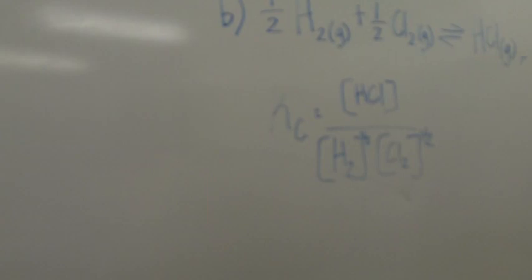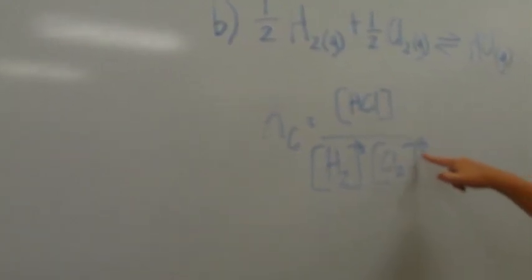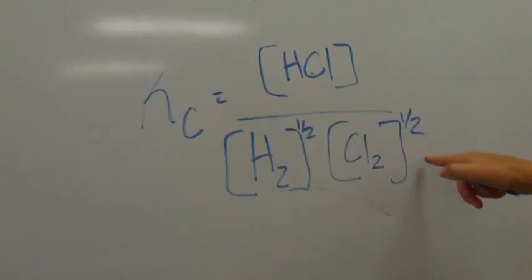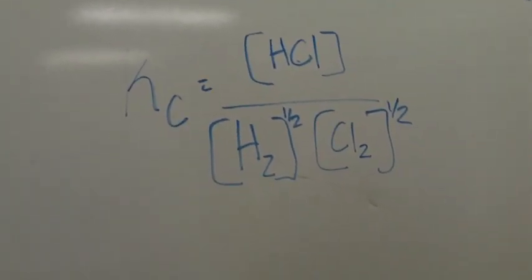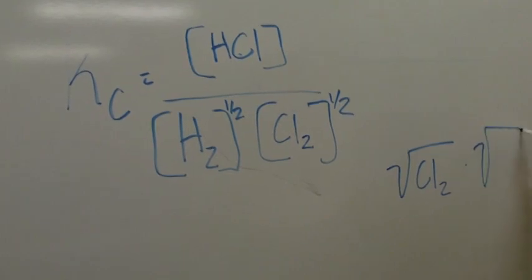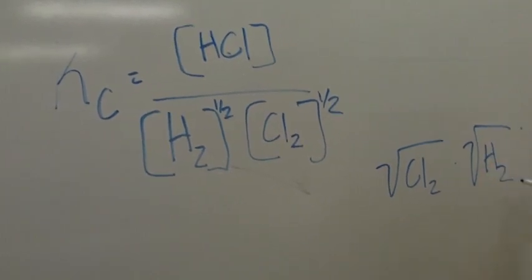And as I mentioned earlier, 1/2 as an exponent refers to the square root. So this would actually be the square root of the concentration of Cl2 times the concentration of H2.